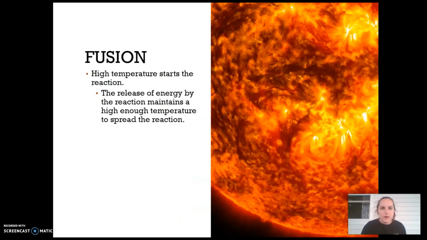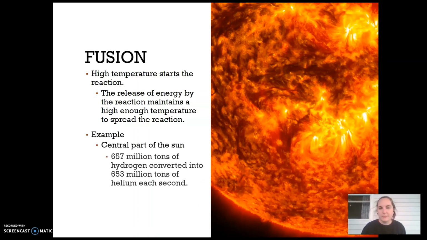A good example of nuclear fusion is the sun. High temperature starts this reaction, so again, this high temperature is really important to having these really high speeds. And the high temperature is actually necessary in order for this chain reaction to keep occurring. If those temperatures decrease, then the speed is going to decrease, and then the reaction will stop.